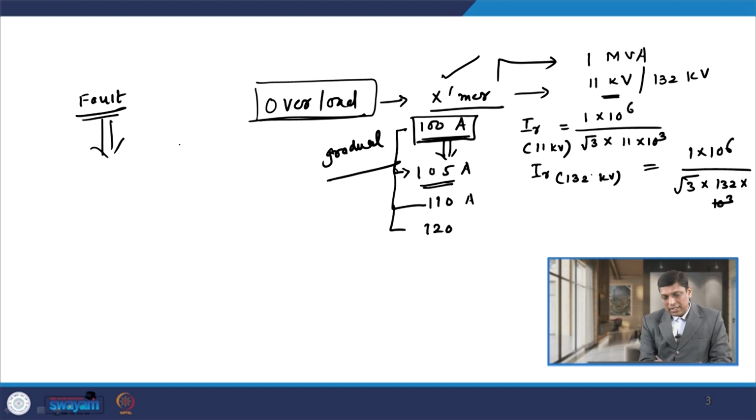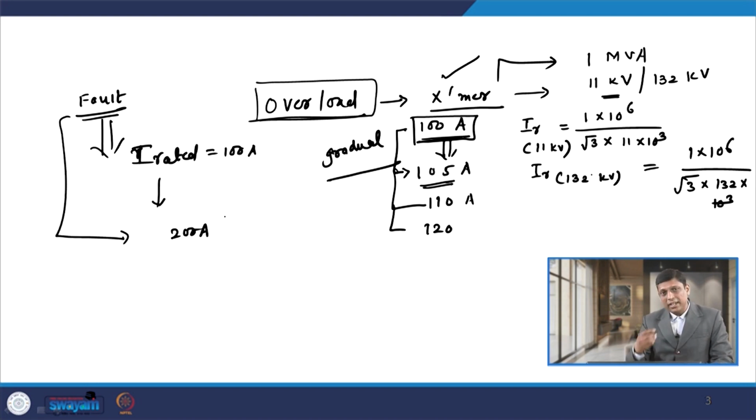On the other hand, if I consider a fault, then in case of a fault the increase in current with respect to the rated current I rated is very rapid. Say the rated current is the same, 100 ampere, and the current suddenly becomes 200 ampere within a fraction of a second, or 300 ampere, or 500 ampere, or 1000 ampere.